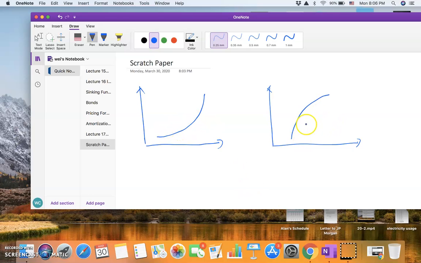Both of them, the function is increasing. Now the concavity of the function is going to tell us which one the graph of the function is going to be.